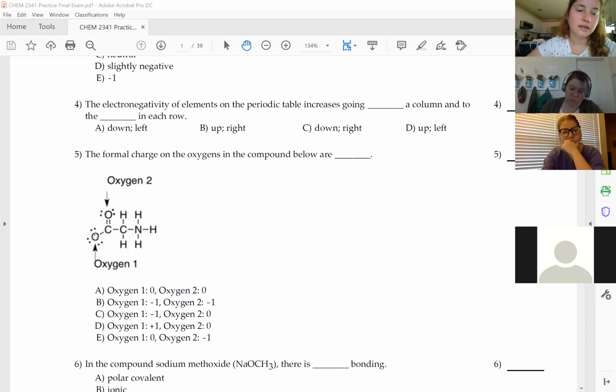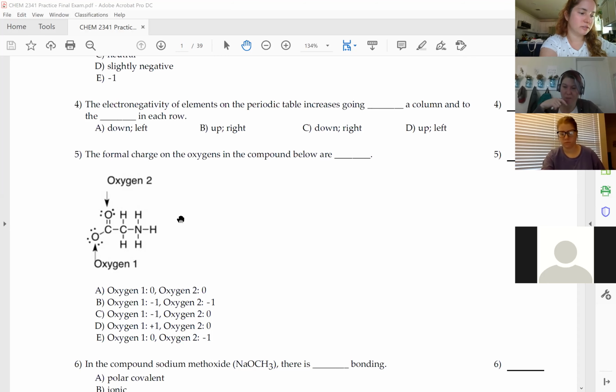Right, it has 6. And it has 6 non-bonding electrons on it, so we subtract those. And then we subtract the number of bonds, right? And that will give us -1 as well. So 6 minus 6 minus 1 is -1. So you can also solve for this value, but it's going to be a lot faster if you just know it, right? So those are kind of my notes on this.